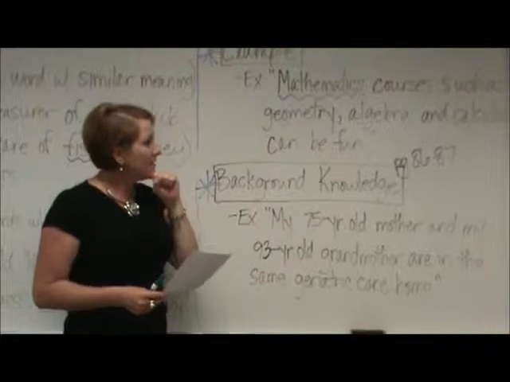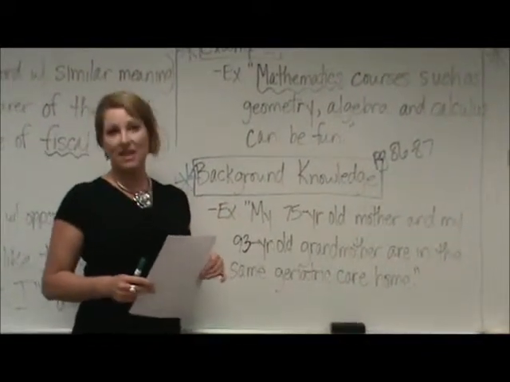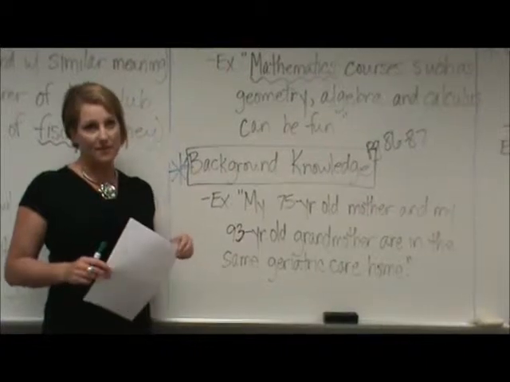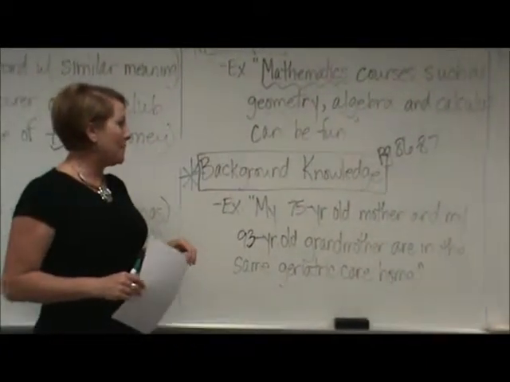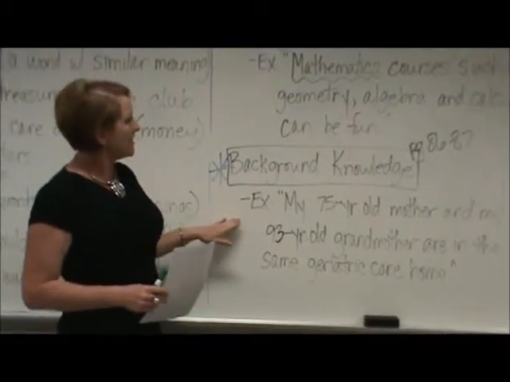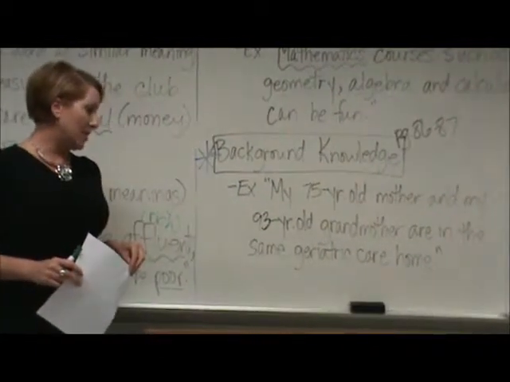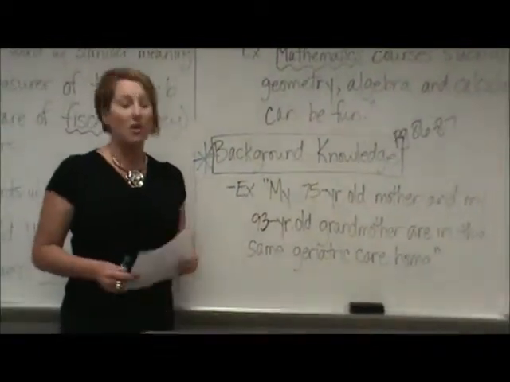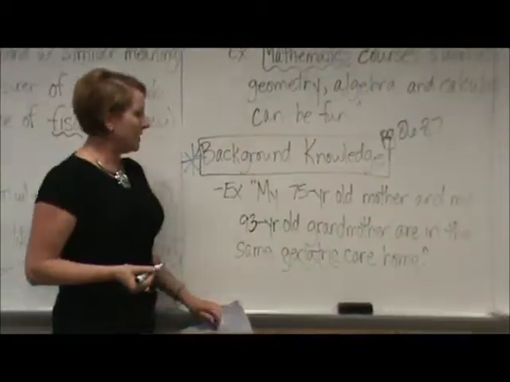The next kind of context clue is background knowledge, and you'll find this on page 86 and 87 of your SMR book. An example of a background knowledge context clue is this sentence. My 75-year-old mother and my 93-year-old grandmother are in the same geriatric care home. Okay, geriatric is the unknown word.